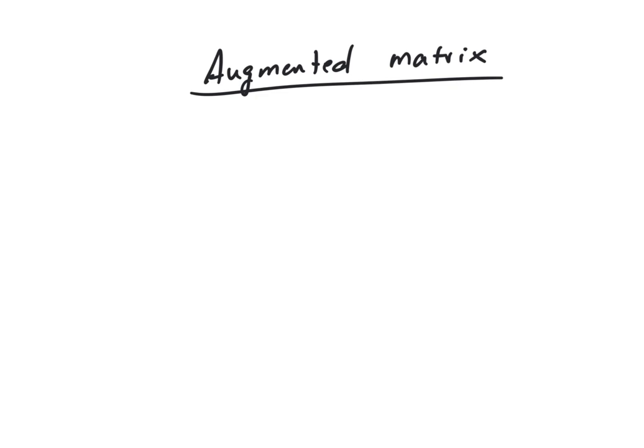You're going to have some equations given to you, and we want to change those equations to a matrix. And what we do is we write it as an augmented matrix.